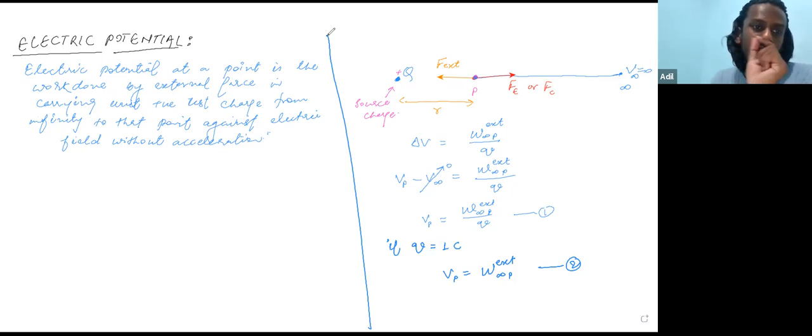What are the main points while calculating electric potential due to this point charge? The main point is that your charge is always carried from infinity to a particular point P inside the field. Remember that. Are you clear, Nawal? Yes, sir.